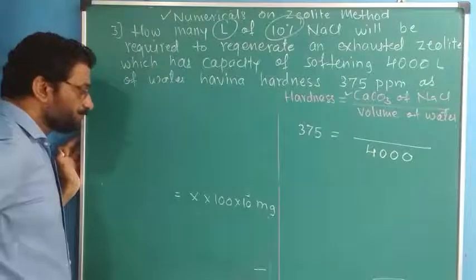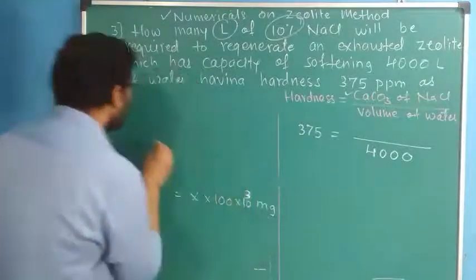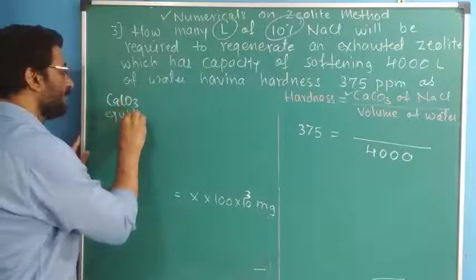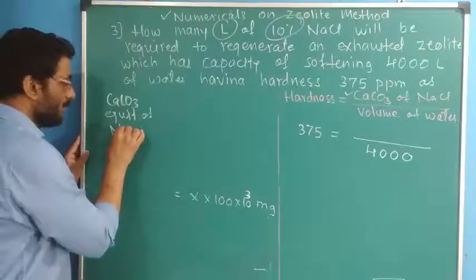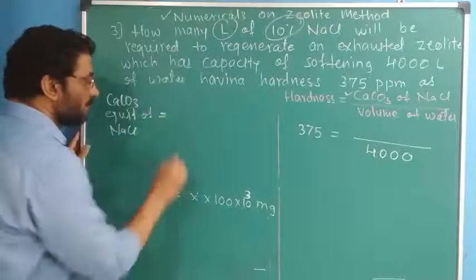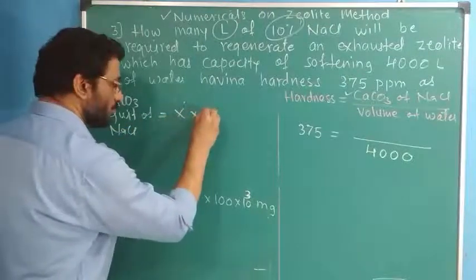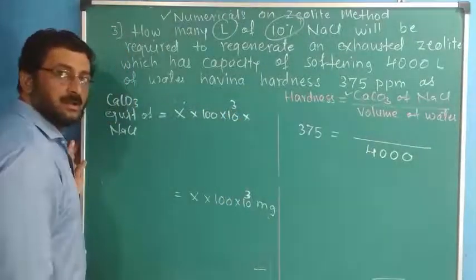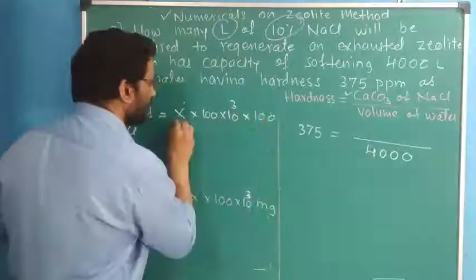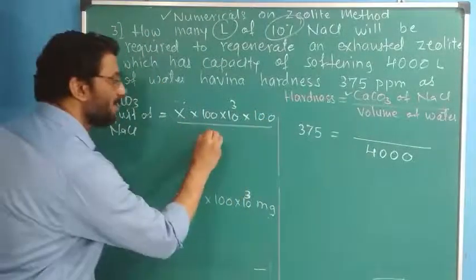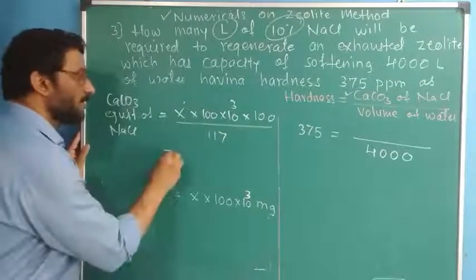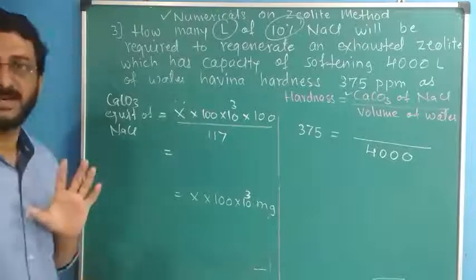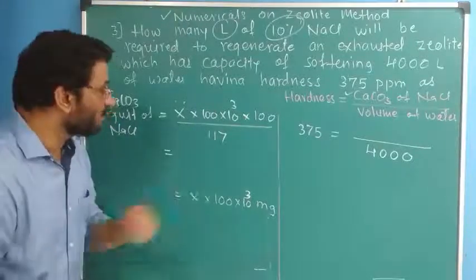I will write here: CaCO3 equivalent of NaCl is equal to weight of NaCl, X into 100 into 10 raised to 3, into molecular weight of CaCO3, that is 100, divided by 117. Whatever you are getting out of this is the CaCO3 equivalent of NaCl. This much NaCl required.